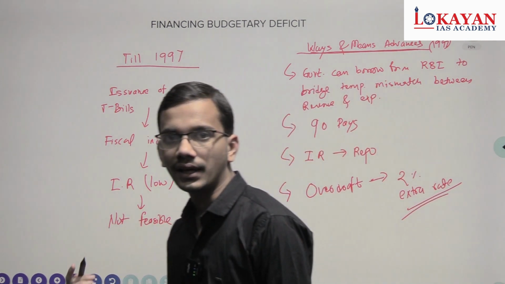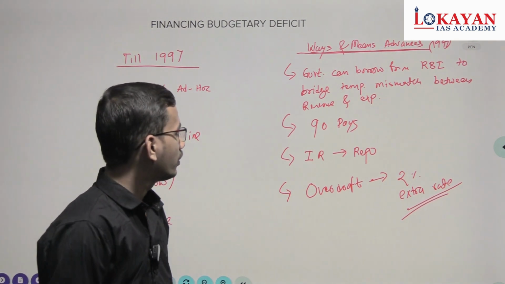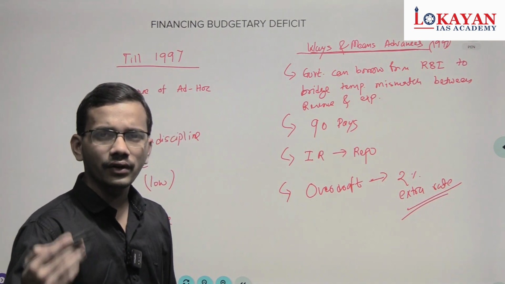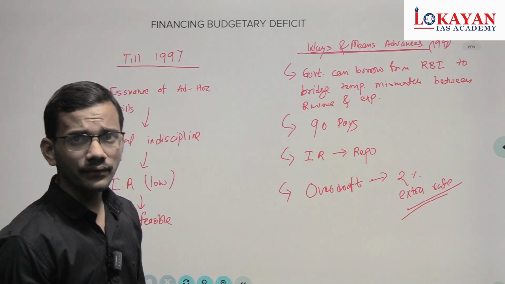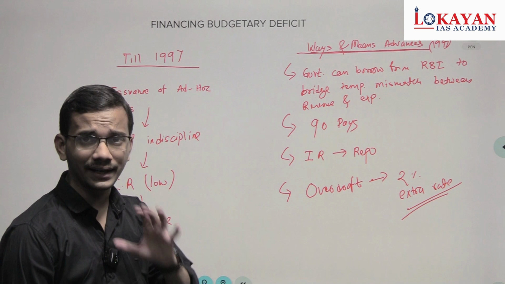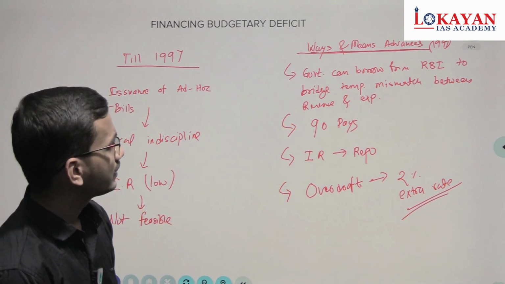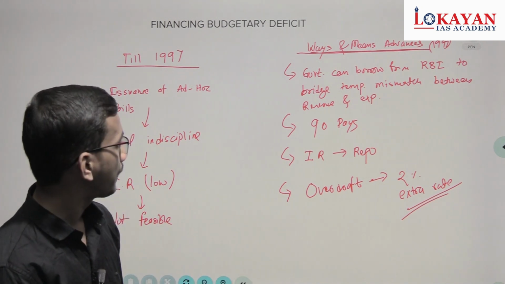Okay, during ad hoc bills, interest rate used to be low. That's why government used to frequently finance the deficit by issuing ad hoc bills, which wasn't financially feasible. So the ways and means of advances, this system came up.